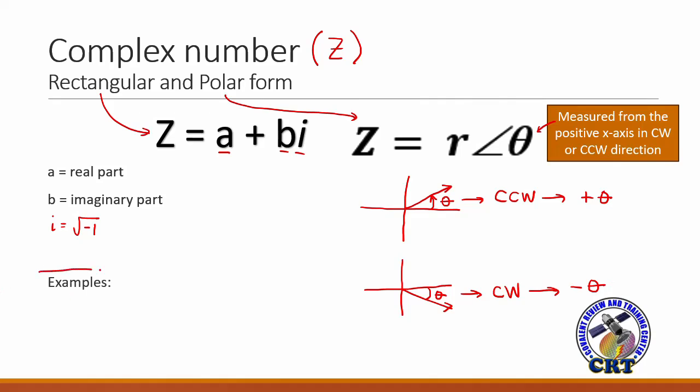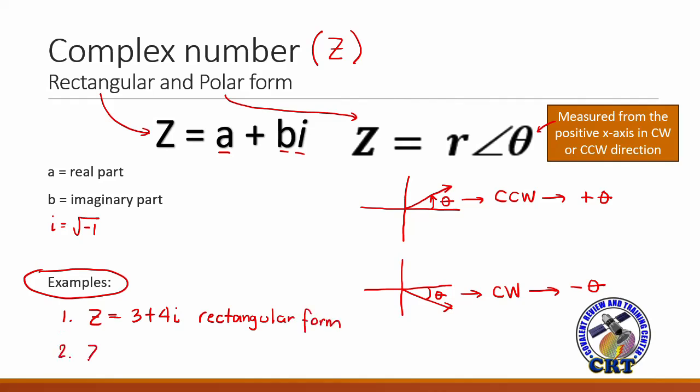Let us have some examples. Example number 1, let's say z equals 3 plus 4i. This is in rectangular form. Another example, z is 5 angle of 30 degrees.